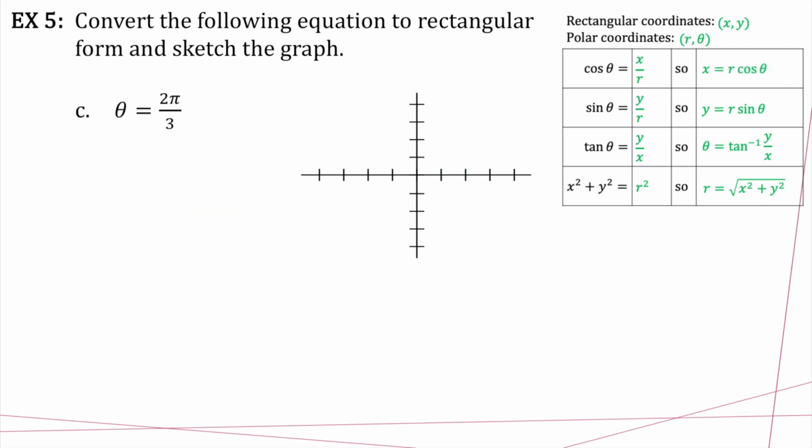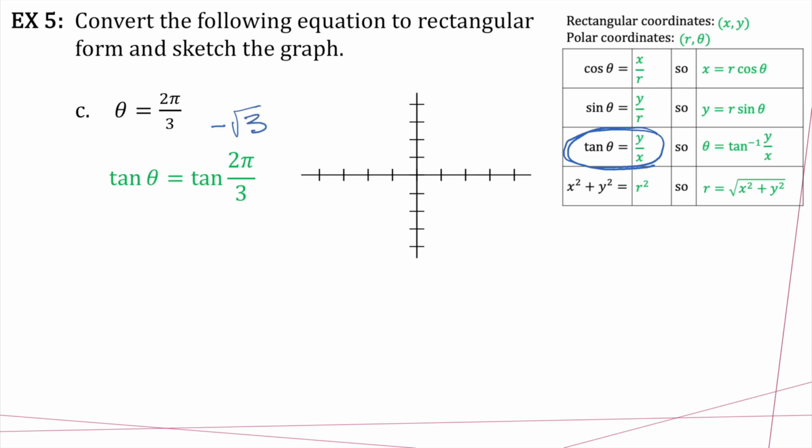Theta equals 2 pi over 3. Well, I need to get an xy out of it, so let's use this one here. If I take the tangent of both sides, I get tangent theta equals tangent 2 pi over 3. Now the tangent of 2 pi over 3 is negative root 3.